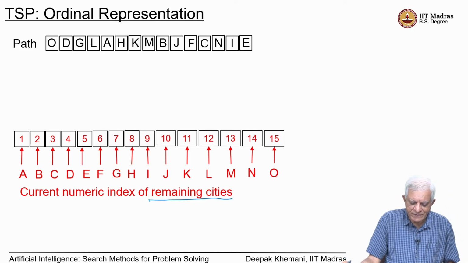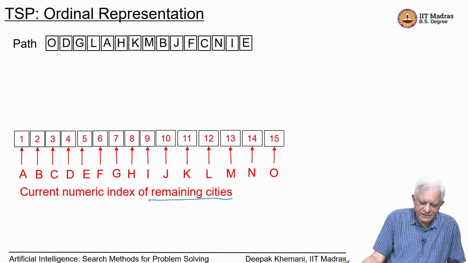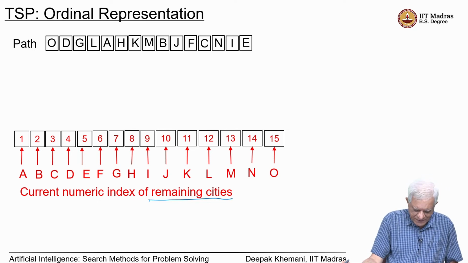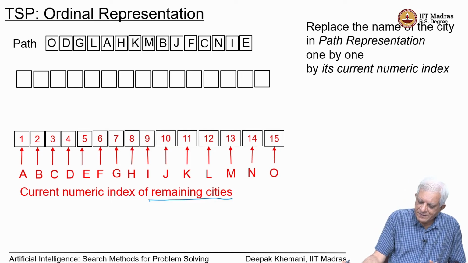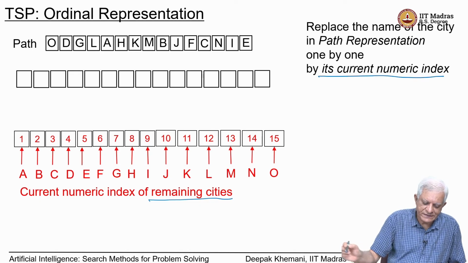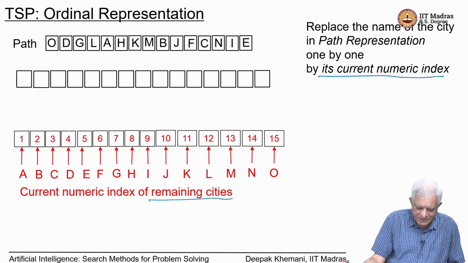So this is the index that we start with, and now we want to convert our path representation into what is called an ordinal representation. So we will do it city by city. We start with city O, and replace the name of the city in the path representation by its current numeric index essentially. So let us see this example here.